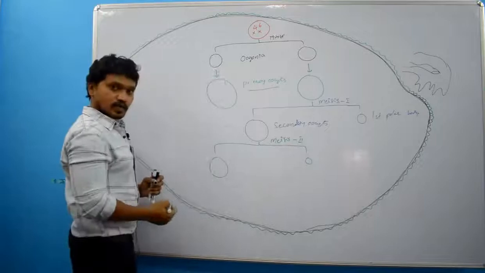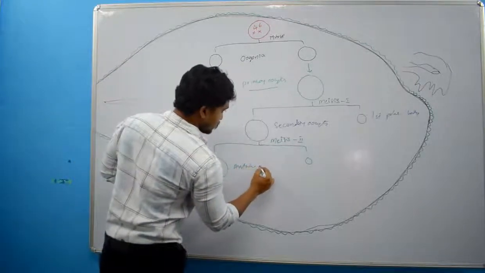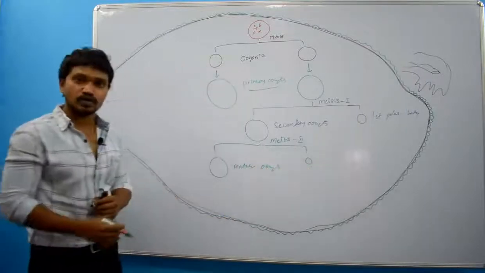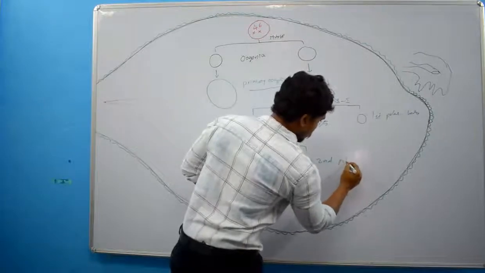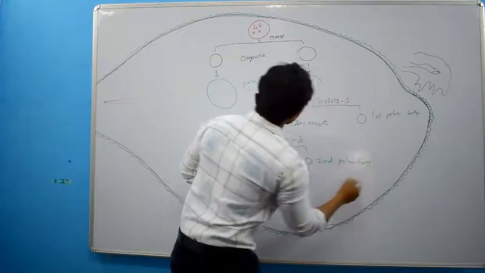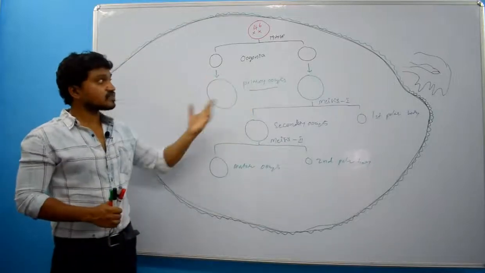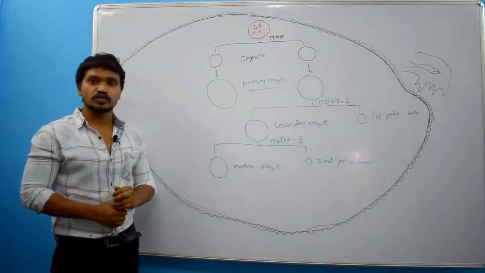This larger cell we call mature oocyte, and the smaller cell we call second polar body. Second polar body.